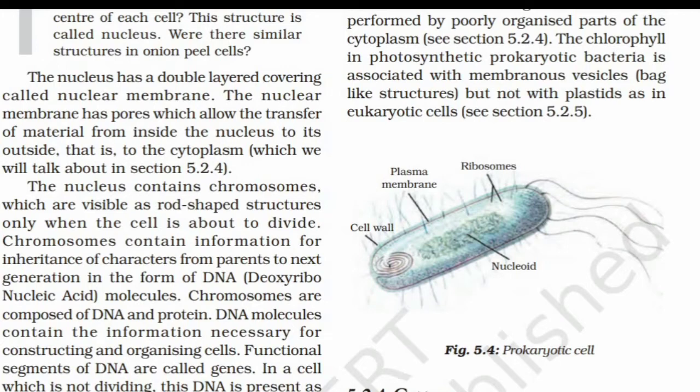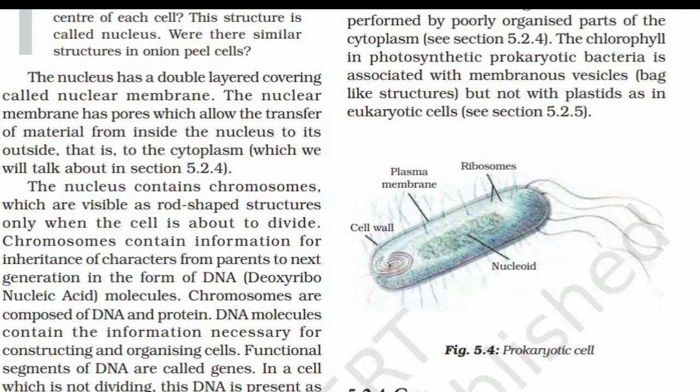So whatever features of the parents are there, they are transferred to the children. The main function of the chromosomes is to carry the characters from parents to next generation in the form of DNA molecules. Again the new word DNA, deoxyribonucleic acid molecules.